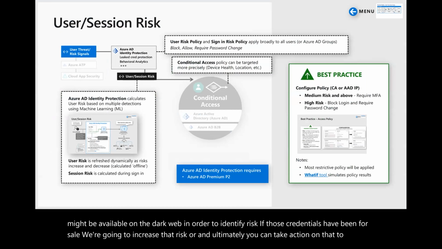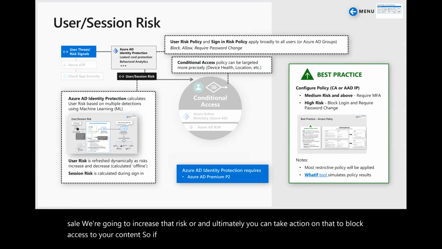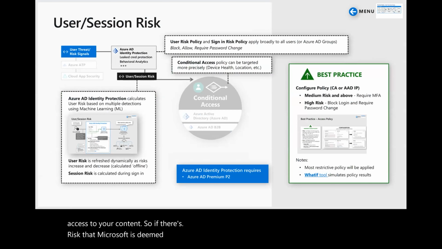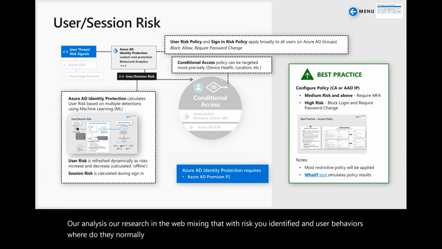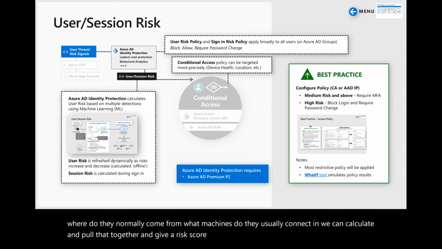So if there's risk that Microsoft has deemed from our analysis, our research in the web, mixing that with risks you identified and user behaviors. Where do they normally come from? What machines do they usually connect in? We can calculate and pull that together and give a risk score to that session and take the appropriate actions.